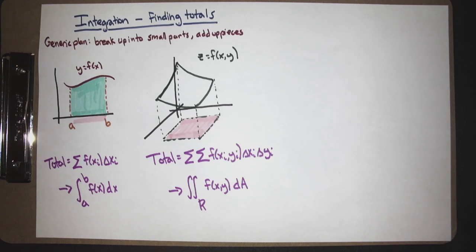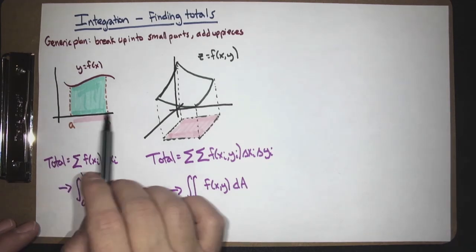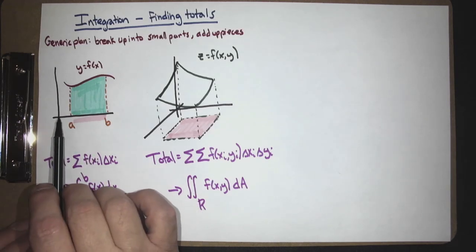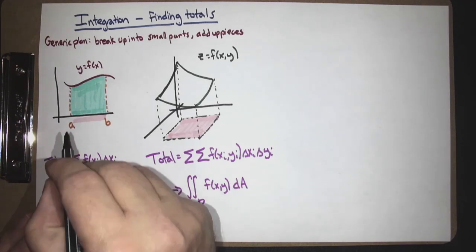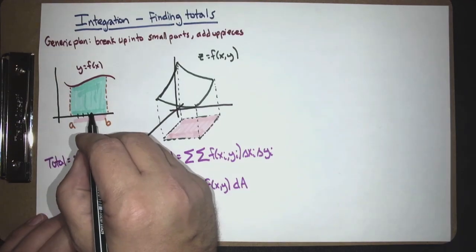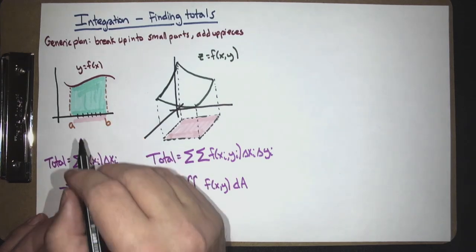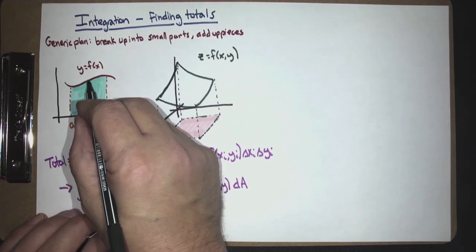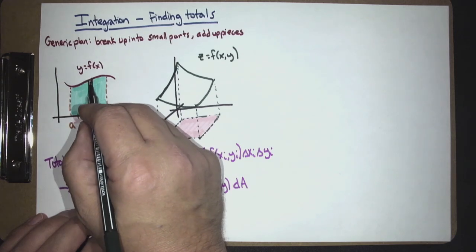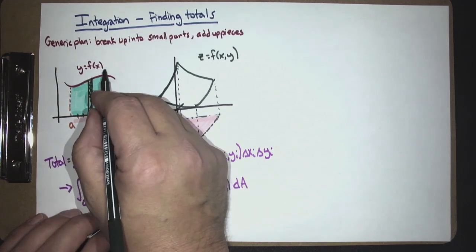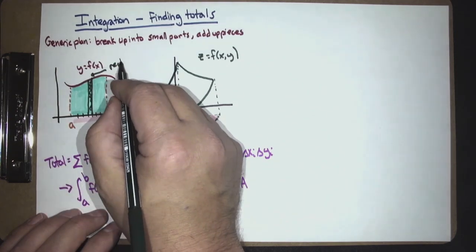That's still the plan. Now, when we have a function of a single variable, there's this function f of x on this interval from a to b. What do you do? You chop up this interval into small pieces, and for each part, you think of it as this small little strip here. Well, this is about a rectangle.